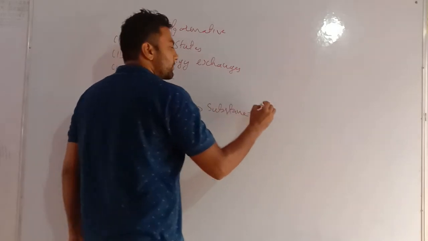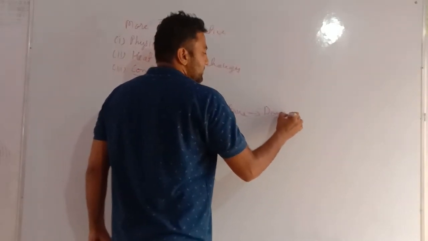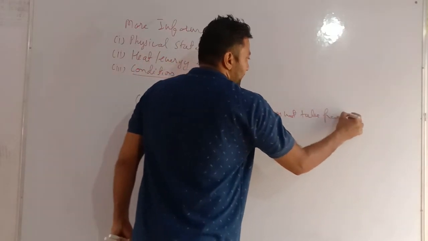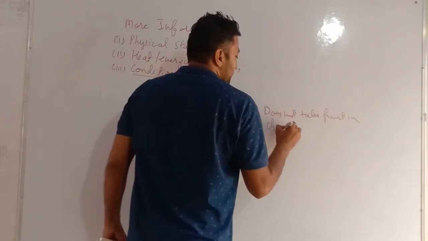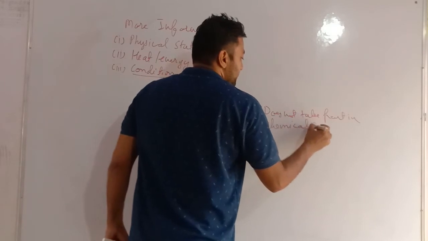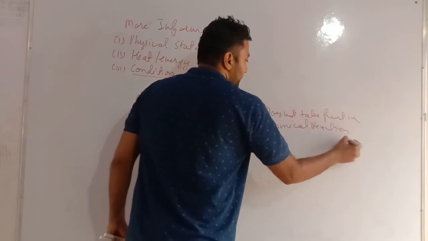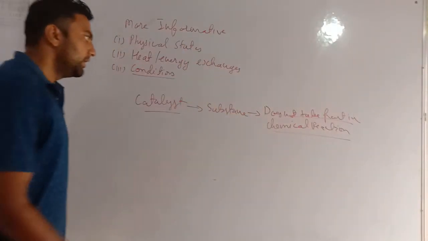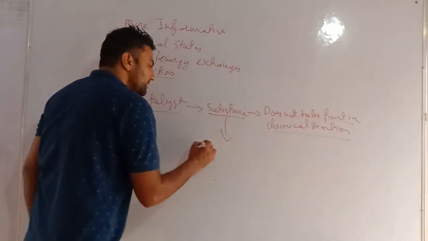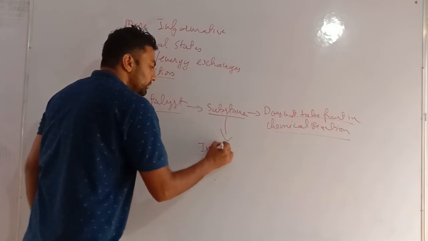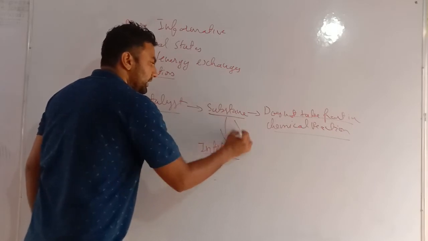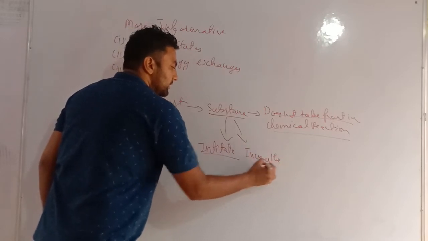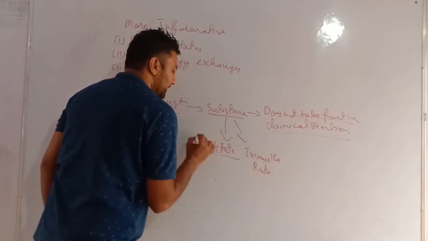This substance does not take part in chemical reaction. It is not taking part in chemical reaction. Neither it is in reactant side, neither it is in product side. But this substance is very much important either to initiate the chemical reaction or to increase the rate of chemical reaction.